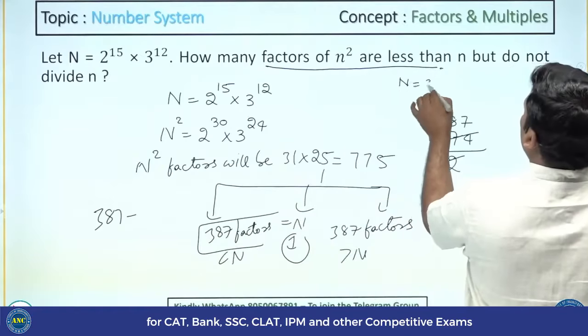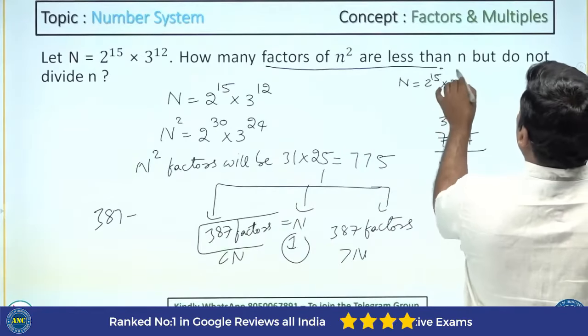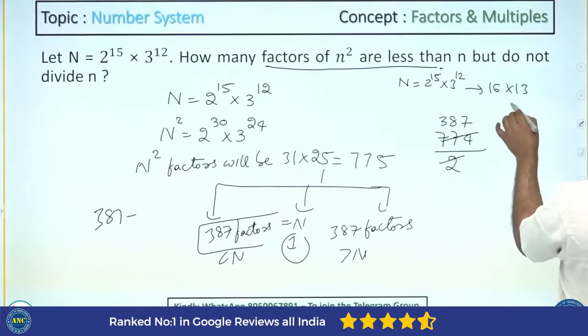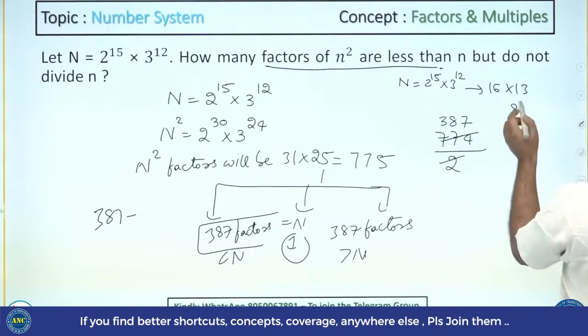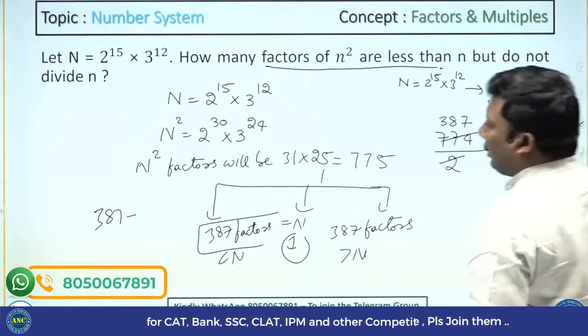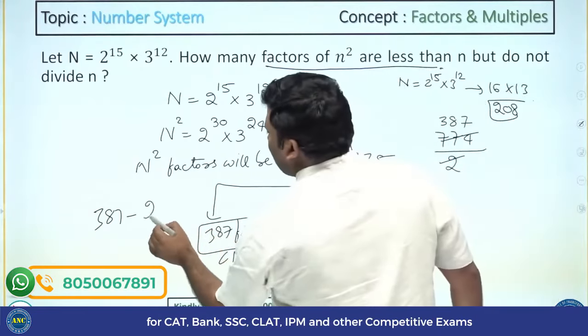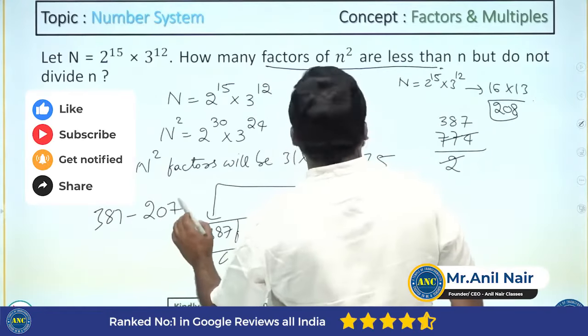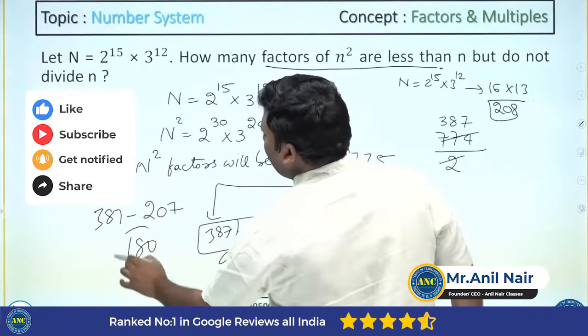N is 2 power 15 into 3 power 12. Factors will be 16 into 13, which is 208. One number will be the given number, minus 1 is 207. Answer is 180.